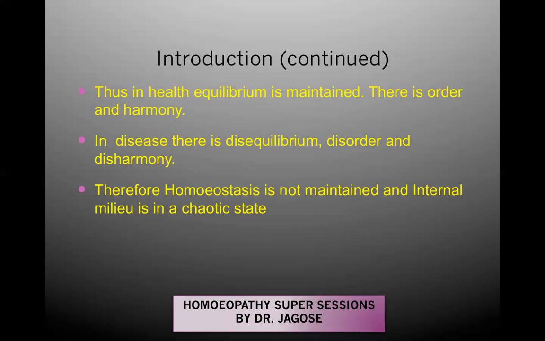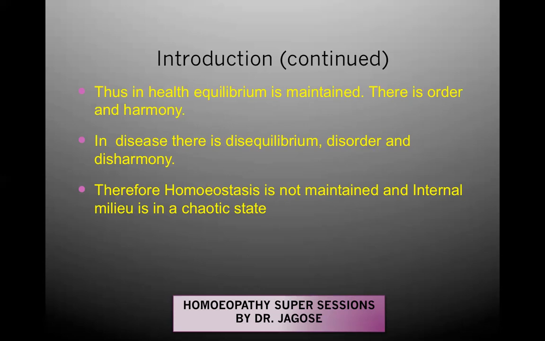Whereas disease is just the opposite state. Here, instead of equilibrium, you get disequilibrium. Instead of order, you get disorder. And instead of harmony, you get disharmony. Therefore, the disease state is characterized by disequilibrium, disorder, and disharmony.